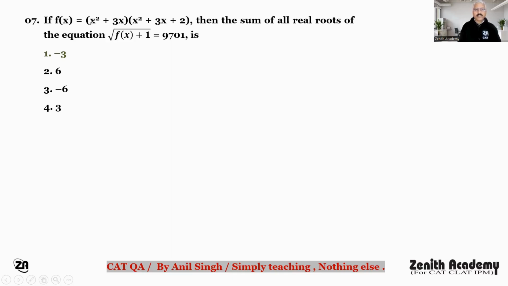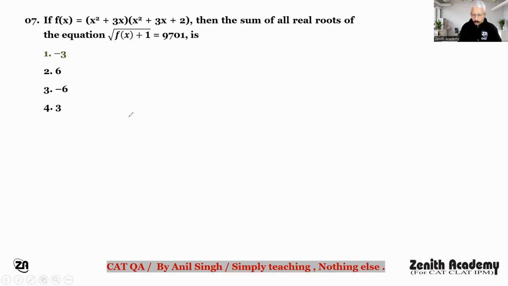Next question. If f(x) is (x square plus 3x) into (x square plus 3x plus 2), then find the sum of all real roots of the equation square root of f(x) plus 1 is equal to 9701.